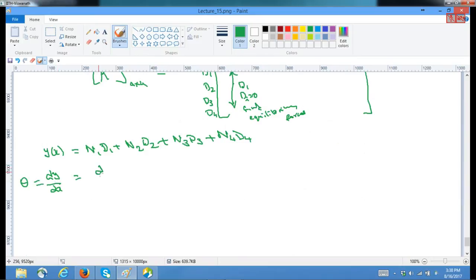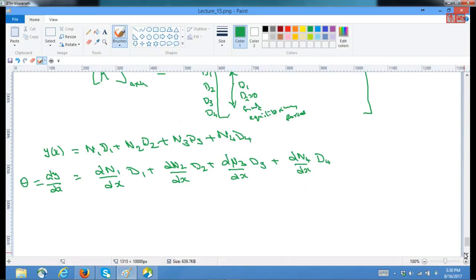The slope would become dN1 by dx D1 plus dN2 by dx D2 plus dN3 by dx D3 plus dN4 by dx D4.